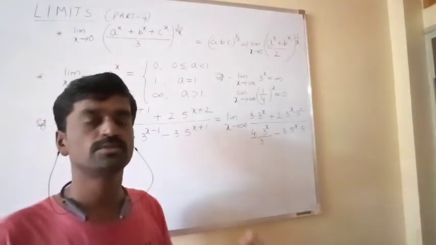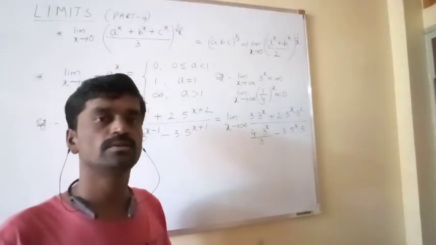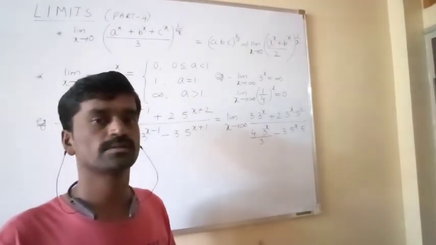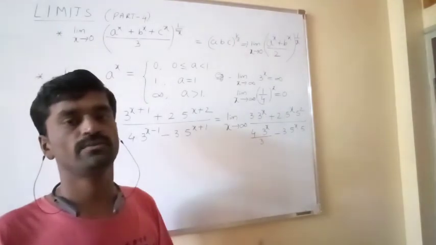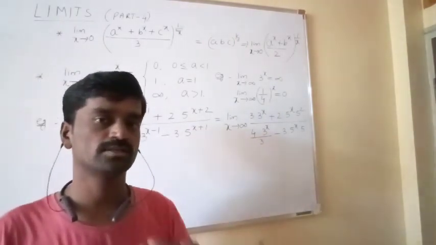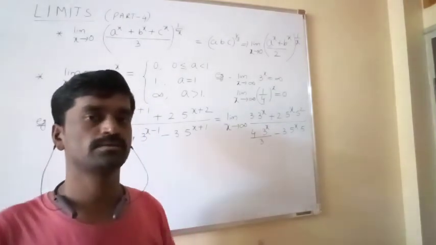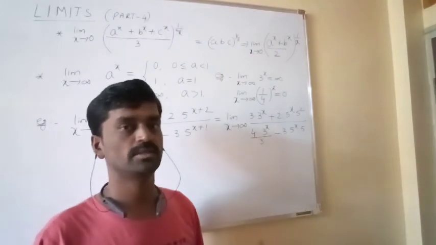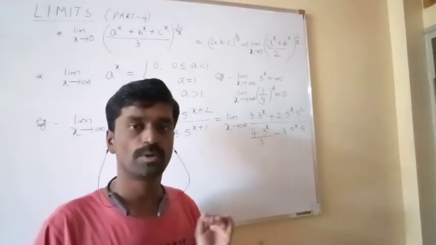So whichever is the larger infinity, you divide with that. Here the 5 power x infinity value is more when compared to 3 power x.